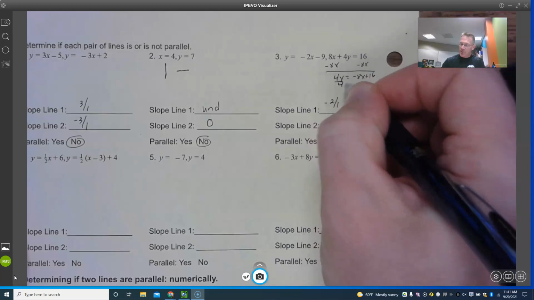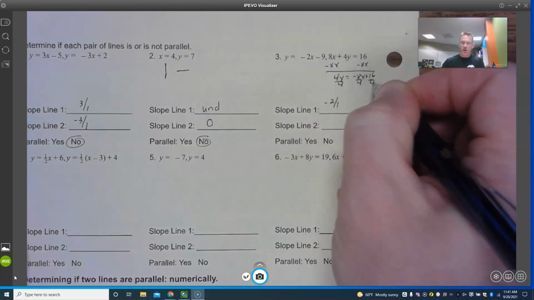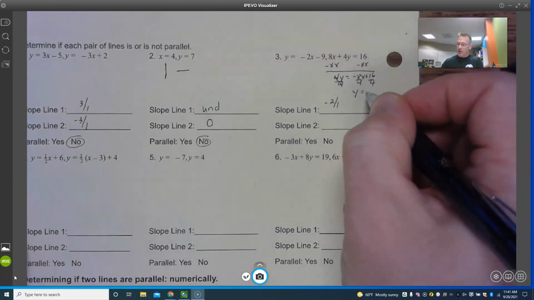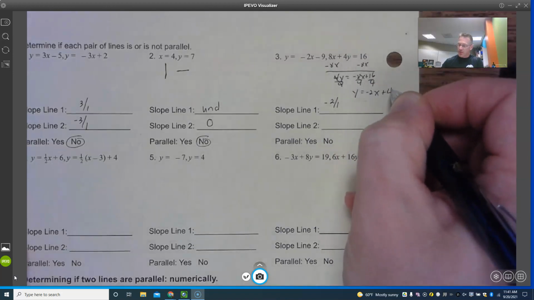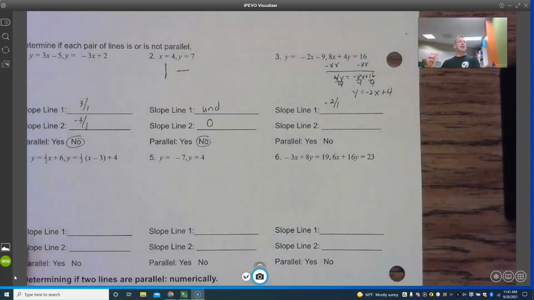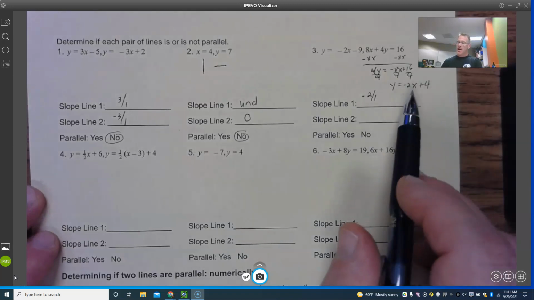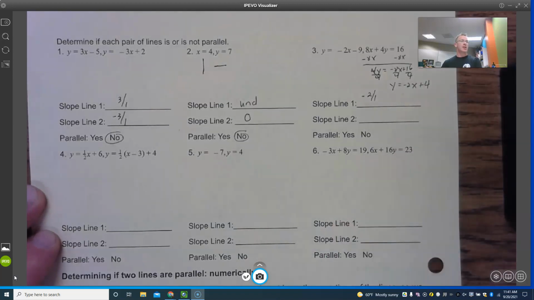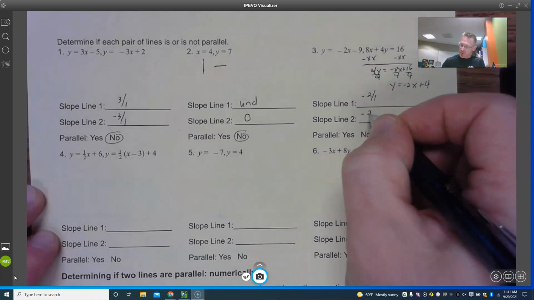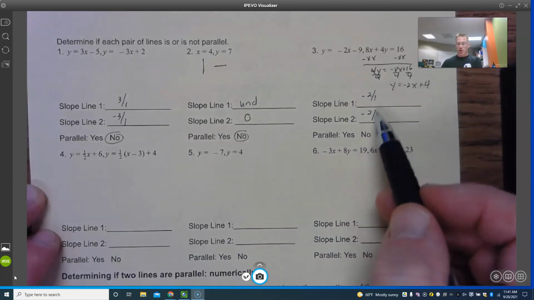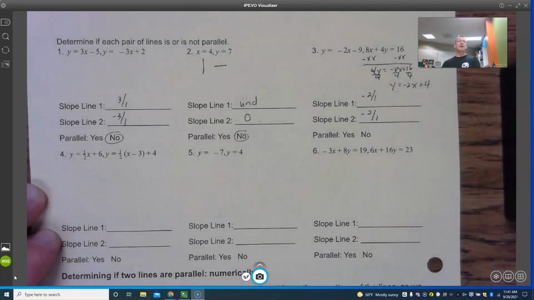And then I would divide both sides by 4 to get it into slope-intercept form. So y would equal negative 2x plus 4. If it's not in a form where we can determine what the slope is, we want to manipulate it so that we can see that. And notice now I can look at this equation and I know exactly what the slope is. It's negative 2 over 1. And so the slopes are the same. So now what I want to do is check, do they have different y-intercepts?